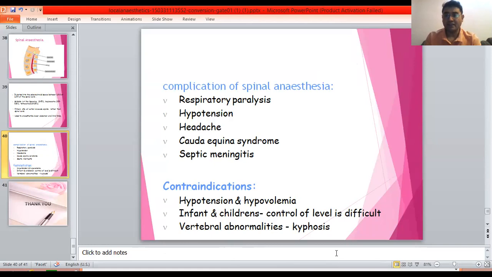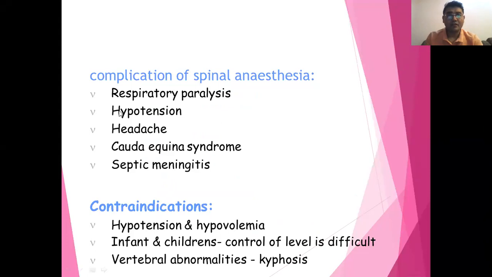So what are the complications of spinal anesthesia? Respiratory paralysis. When will respiratory paralysis occur? When you inject the agent at a high level, for example L1, L2, or when you inject at L2, L3, but suddenly after injecting the agent, you lay the patient on the table.